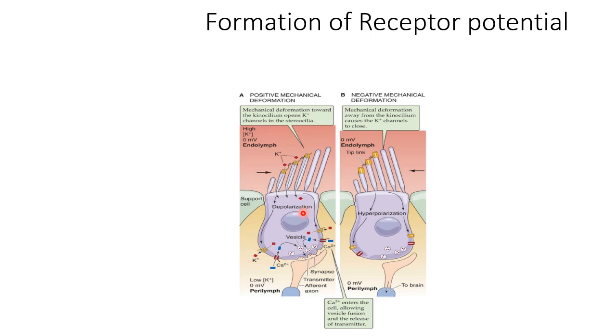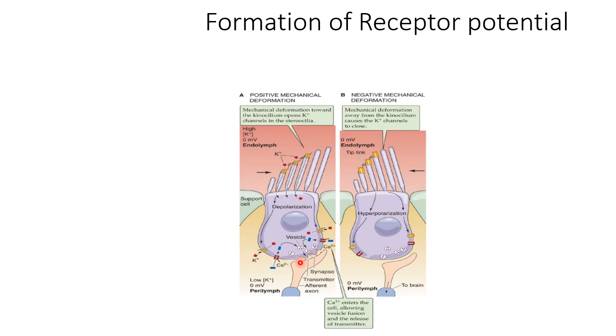Because of this depolarization, the voltage-gated calcium channels present at the base of the hair cell open and cause a huge influx of calcium into the cell. This calcium is responsible for the release of neurotransmitter into the synaptic cleft. Here, it is an excitatory neurotransmitter, that is glutamate.